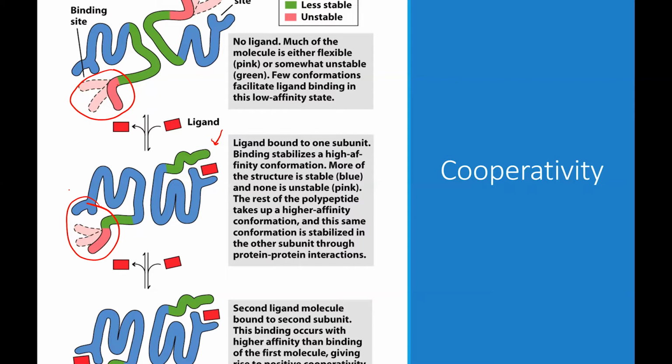In this example here, it's showing positive cooperativity in that the initial binding, which stabilizes this binding site, makes the other areas have higher affinity for the ligand. So this is a positive cooperativity example.